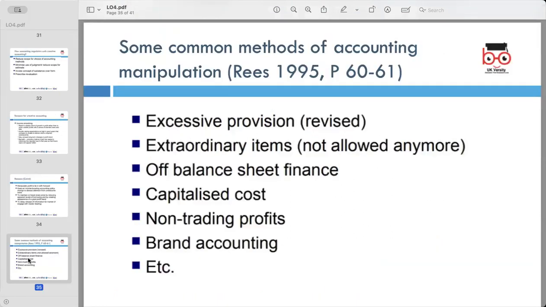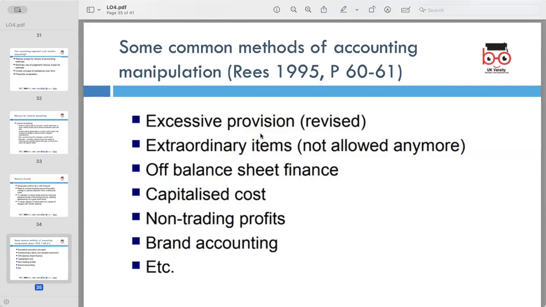Some common methods of accounting manipulation: excessive provisions, extraordinary items, off-balance sheet finance. Excessive provisions: companies may overstate provisions such as reserves for bad debts or warranties to artificially decrease reported profit in a particular period, thus smoothing income over time.